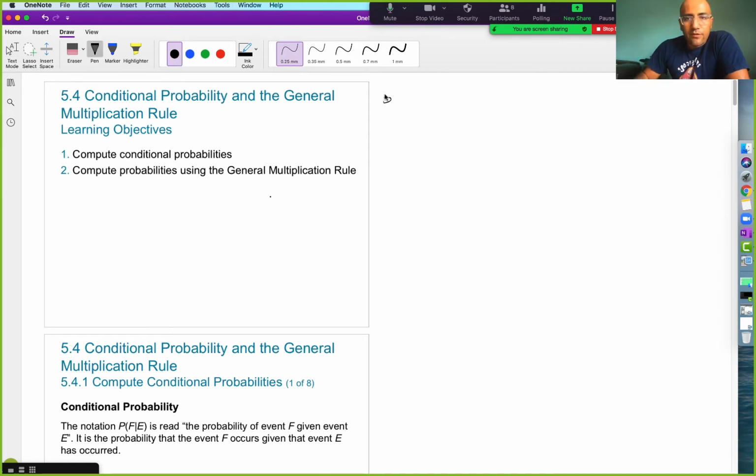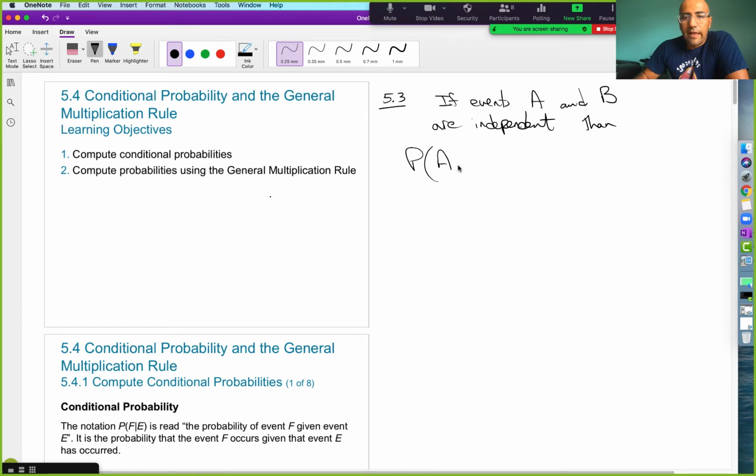So in 5.3, in the previous section, we learned that if events A and B are independent, then we know that the probability that event A and event B happens is equal to the probability of event A times the probability of event B. Good. So that was in the previous section.